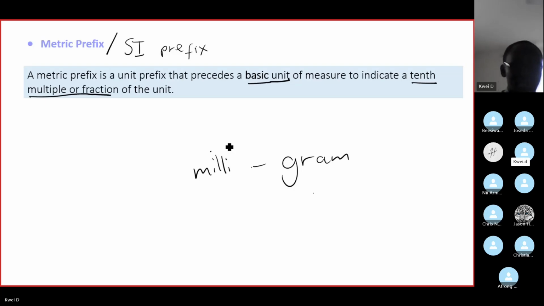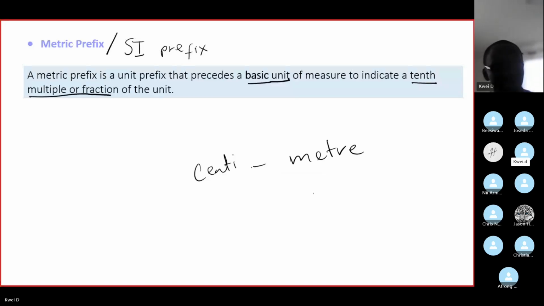You can even put a centi in front of it to get centigram. The meter is also a base unit, but over here it's acting as a basic unit, and the prefix can come before it. So centimeter, kilometer, millimeter.